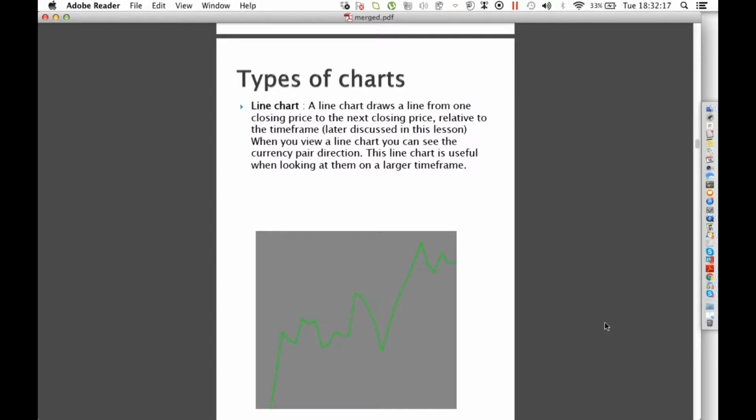When you view a line chart, you can see the currency pair direction. This line chart is useful when looking at larger time frames. We can use it in all time frames, but it's better when looking at the larger ones.